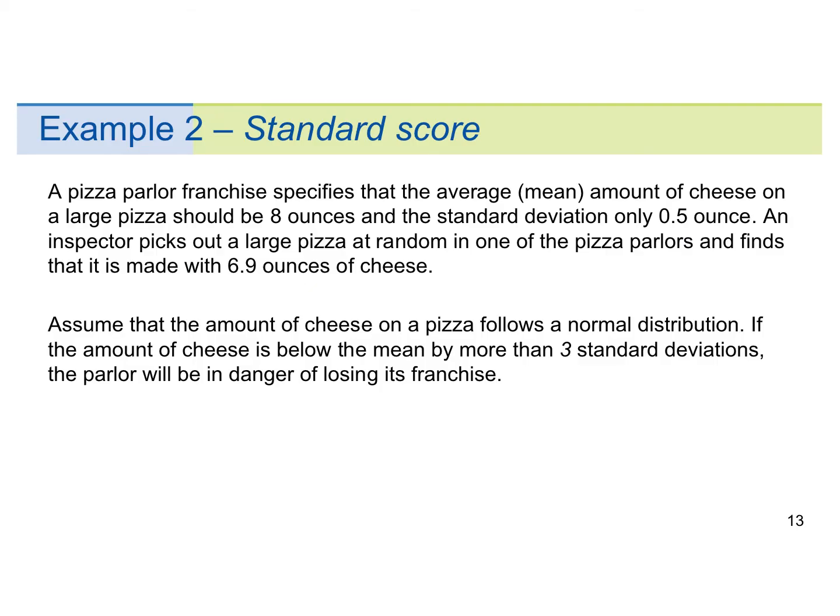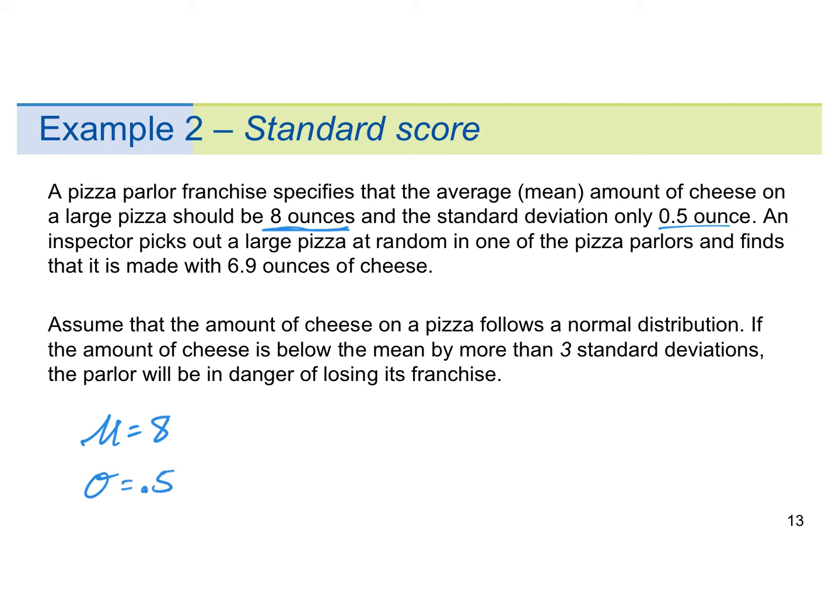Okay, this first example is on how to find the actual z-score. It says, a pizza parlor franchise specifies that the average mean amount of cheese on a large pizza should be 8 ounces. So there's our mean. Mean is 8 ounces. And a standard deviation of 0.5 ounces. Sigma is equal to 0.5.